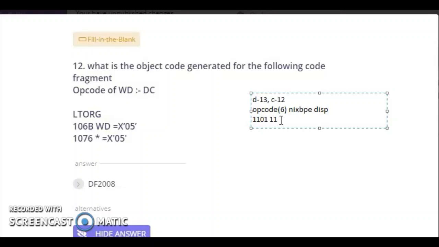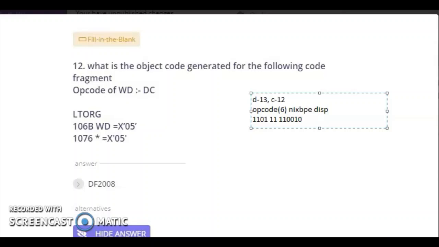Only 6 bits are used for the opcode, so the last two 0s are removed. Then N and I, simple addressing mode, are 11. X, no indexed addressing, is 0. B, base relative addressing, is not used, so 0. P, program counter relative, is 1. E is 0, since it is a format 3 instruction.